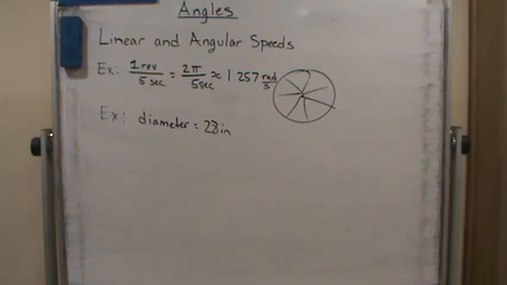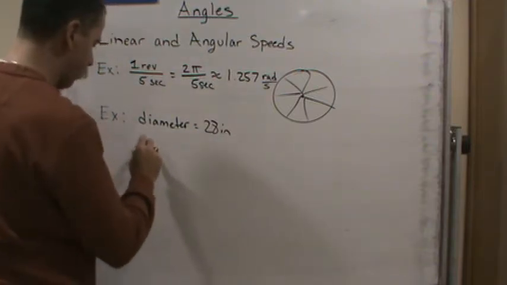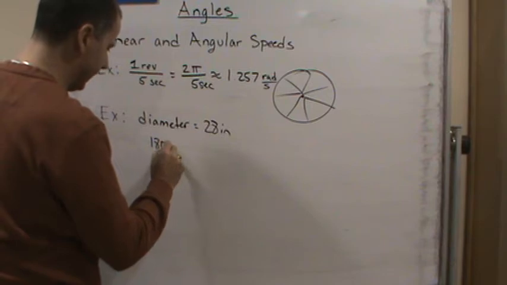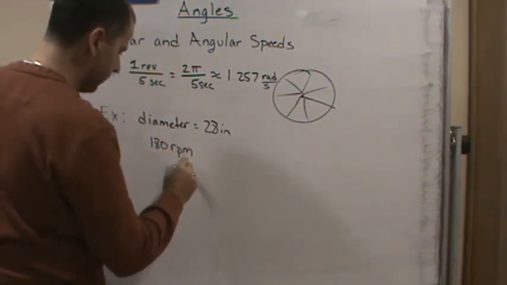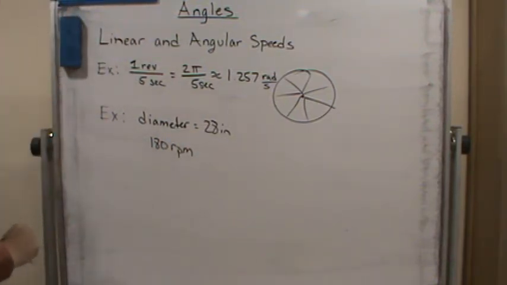A tachometer determines the wheels are rotating at 180 RPMs, which are revolutions per minute, right? So it's going at 180 revolutions per minute.